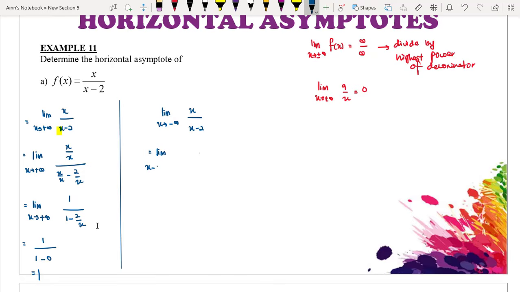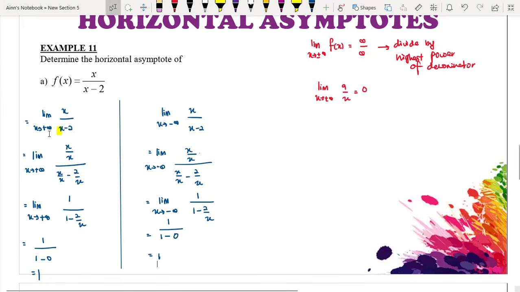We get the limit as x approaches negative infinity of x over x minus 2 over x. Simplifying, we get 1 over 1 minus 2 over x, and your final answer will be 1 as well.